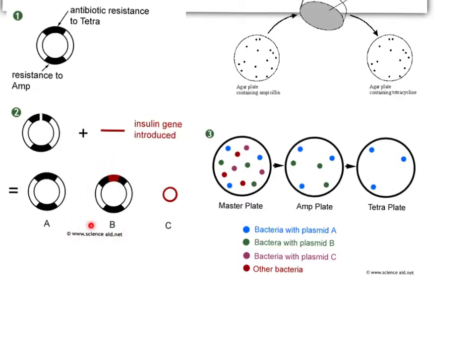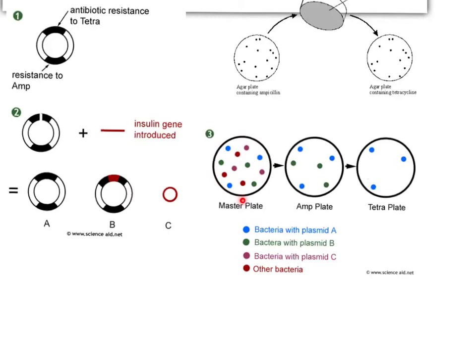Or we could have bacteria with just the gene for insulin in it. We don't really want that, but we'll be able to get rid of that, or we might have just other bacteria which might be living on the plate.